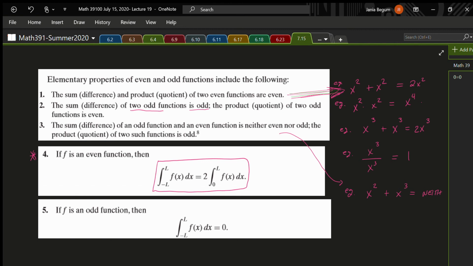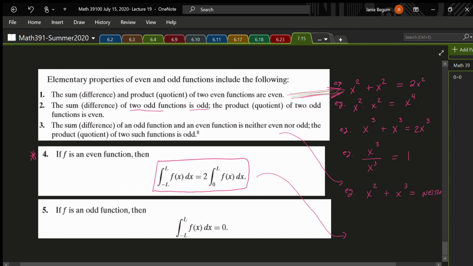If f is even, so if you're looking at any even function, you can double the integral and just go from 0 to L. A quick example to remember this is if you're integrating, say, cosine. Cosine is an even function, right?